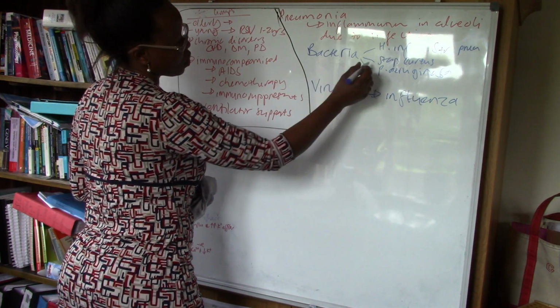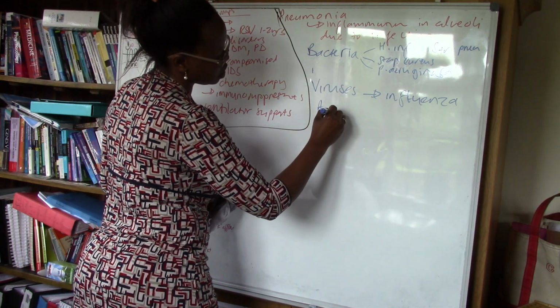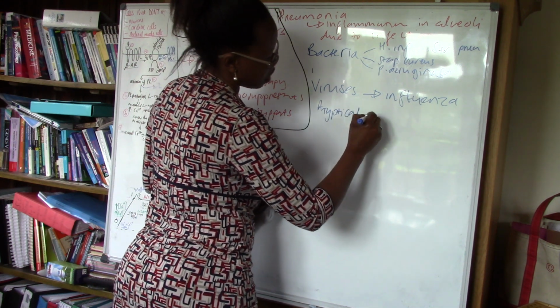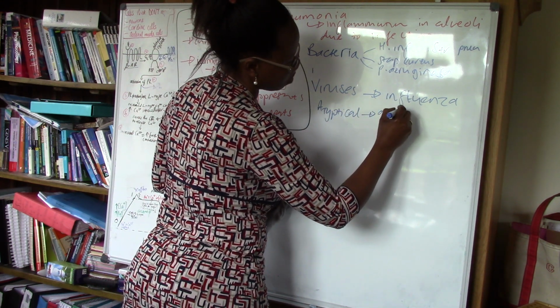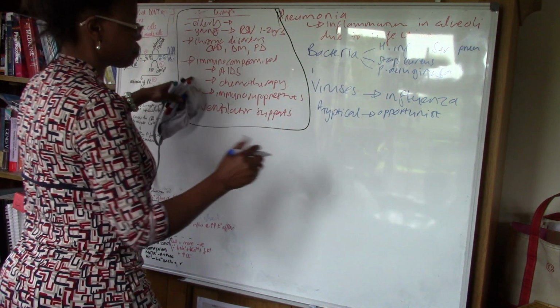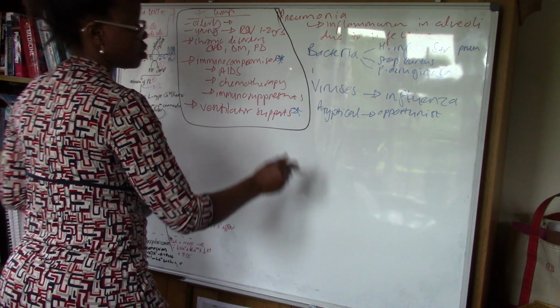And with bacteria, there are atypical bacteria as well. Atypical. These are opportunistic, mainly opportunistic. And they will usually happen in this group of people.